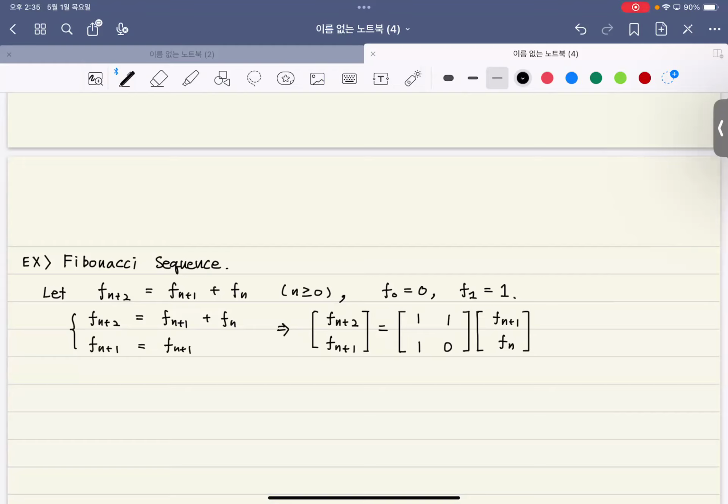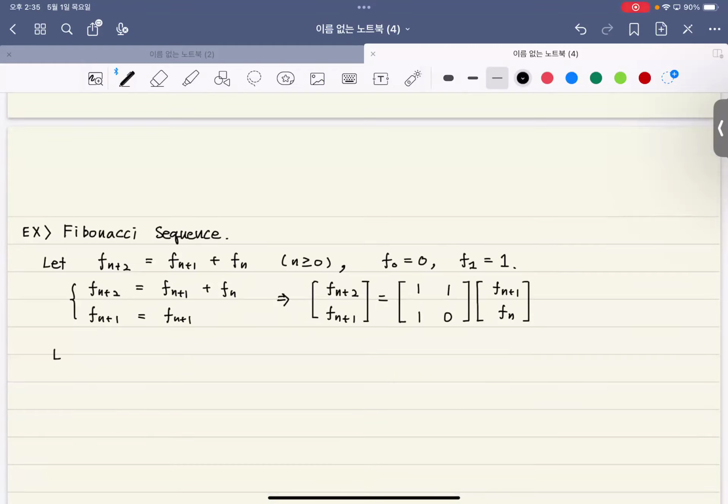Now we let our solution UK be this vector.